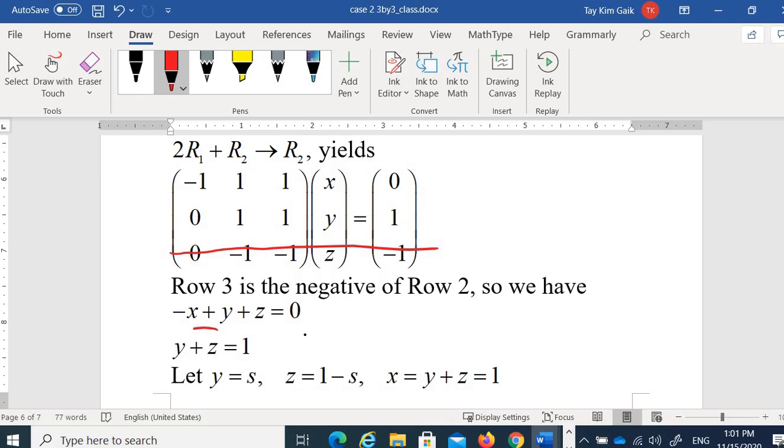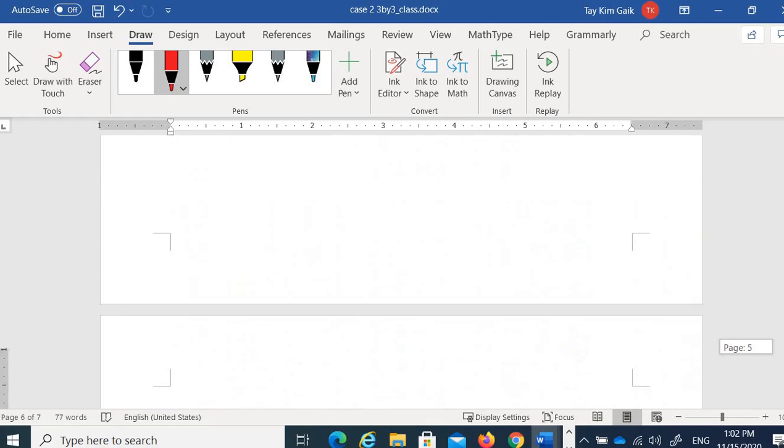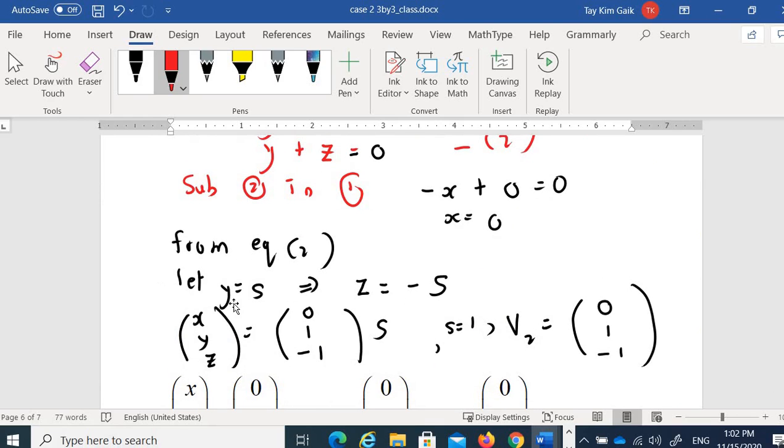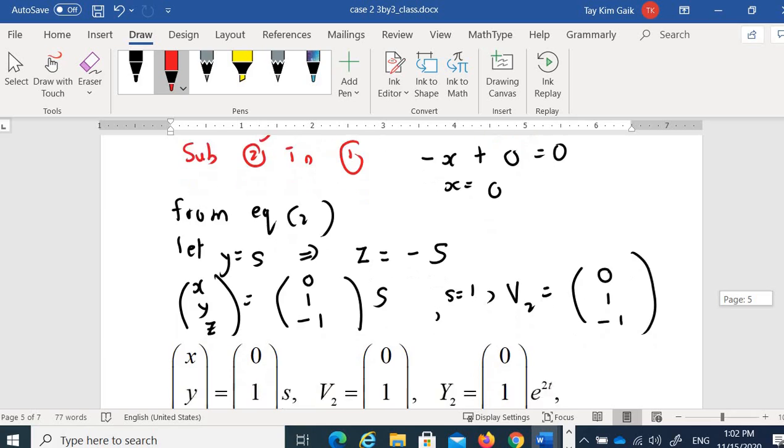So plug in the y plus z equal to 1 here, in here. So you have here negative x plus 1 equal to 0. So x will be equal to 1. Okay, you get x equal to 1. And then from y plus z equal to 1, for a repeated eigenvalue, if just now you let y equal to s, then you must be consistent.